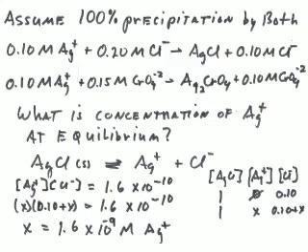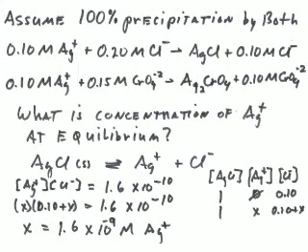So what would the concentration of silver ions be in the resulting solution at equilibrium? Well, first we have to solve it for silver chloride. The Ksp for silver chloride is 1.6 times 10 to the minus 10. We have silver chloride. We are assuming we don't have any silver ions remaining in solution, and the chloride's 0.1 molar.